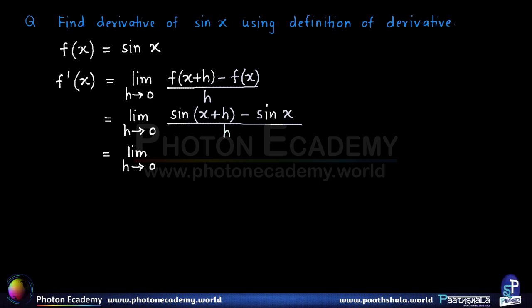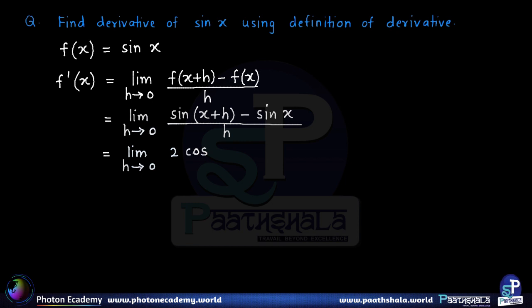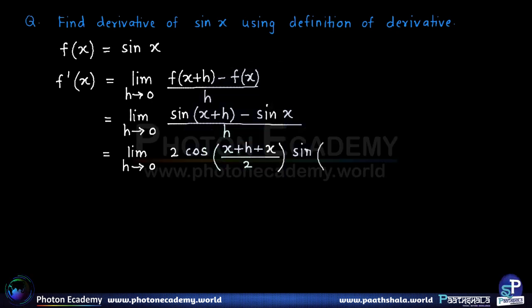For this we observe that the numerator is of the form sin a minus sin b. So we can use the factorization formula and write that as 2 cos of first angle plus second angle whole upon 2, that is x plus h plus x whole upon 2, into sine of first angle minus second angle, that is x plus h minus x whole upon 2, and whole divided by h.